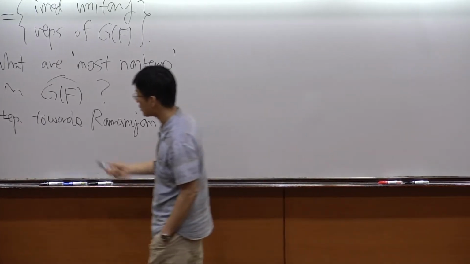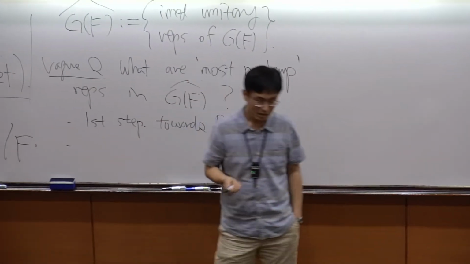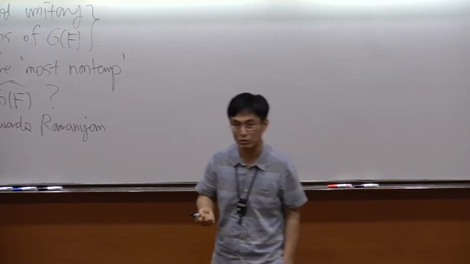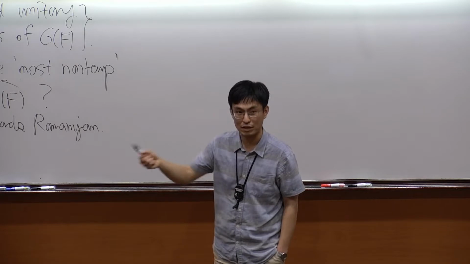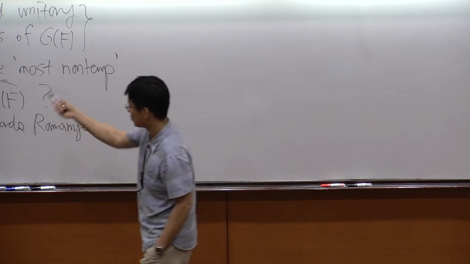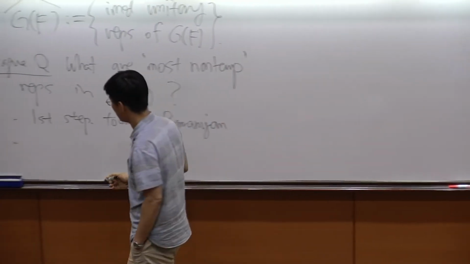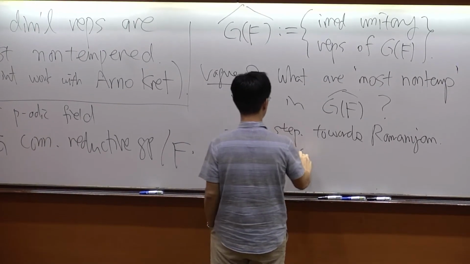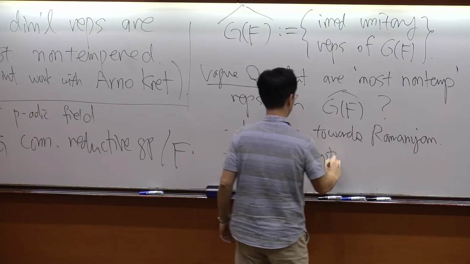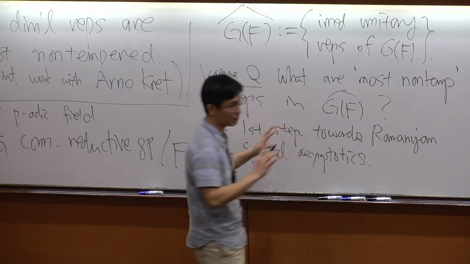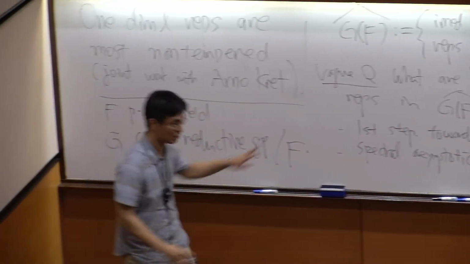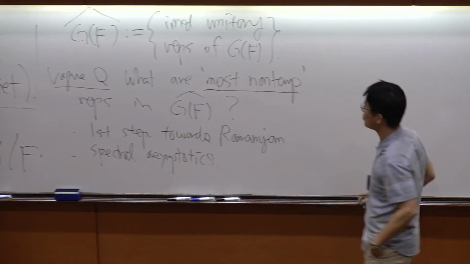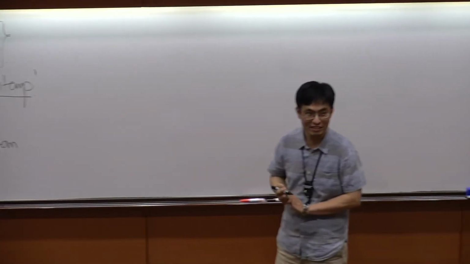If you look at the spectral side, the asymptotics there are going to be governed or dominated by these most non-tempered representations. So it's kind of identifying the leading term in the spectral asymptotics, whatever that means. In my intended application I have a specific meaning, but let's just keep it vague. Now let me get to what I mean by this.